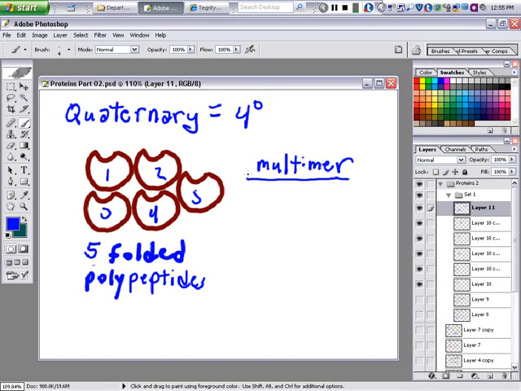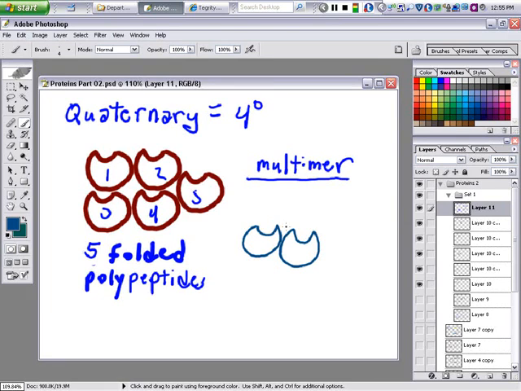Sometimes all the units of that multimer are the same. Sometimes they're different. I'm just going to use this as our example here. So let's make ourselves a multimer of just 2 polypeptides. Okay, so here 1 and 2. So here we have a protein with 2 polypeptides.